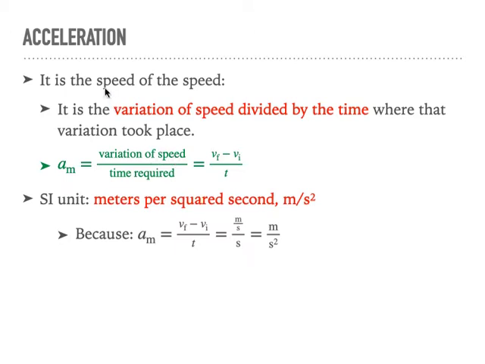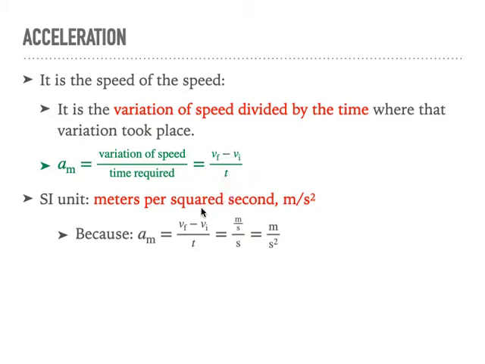That's why we say it is the speed of the speed, because it's the same formula, except that here instead of xf minus xi, we have vf minus vi. So final velocity, final speed, minus initial speed, initial velocity, that's the v, over time. That's the formula we're going to use.